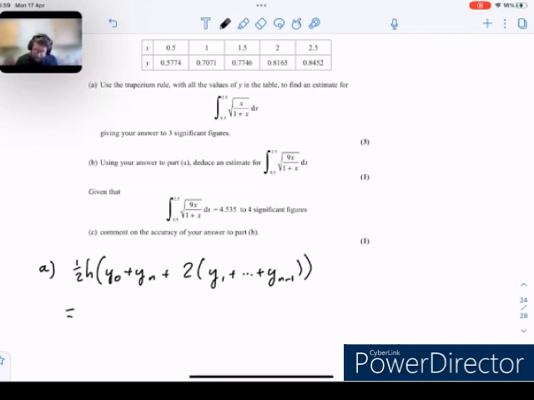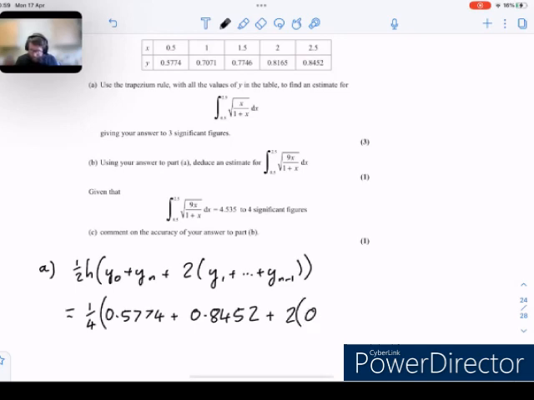So this h is the gap between each strip, so it goes up in 0.5, so half times 0.5 is a quarter. Y naught and yn are the ends, like the beginning and the end. So it's 0.5774 plus 0.8452 plus 2 times all the others.